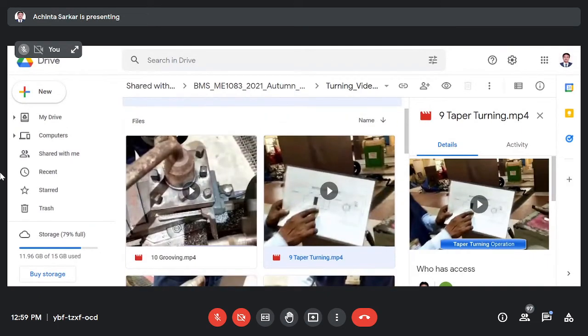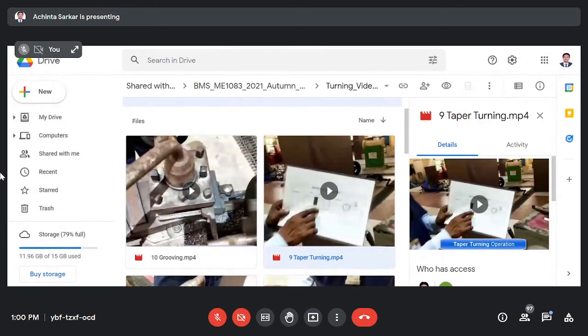Suppose the initial diameter, the beginning diameter, is given. The taper has two different diameters. At the extreme ends, one is capital D, the big end diameter, and the other is small d, the small end diameter. To find the taper angle, I need alpha by 2. Why alpha by 2?